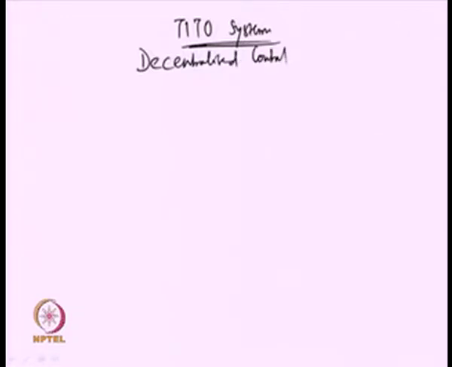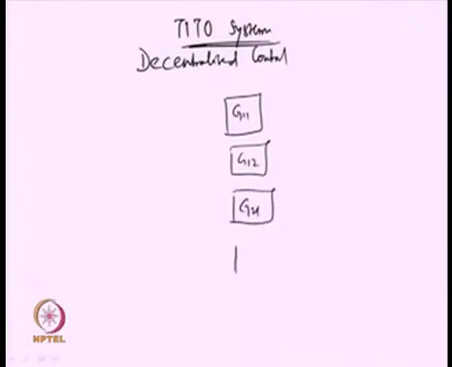Now, let me describe the TITO system a little bit more. A TITO system, when it is presented in the decentralized control form, is shown like this. I will have G11, G12, G21 and G22.